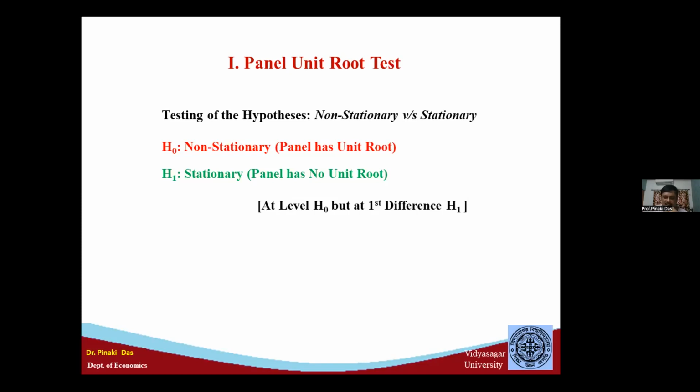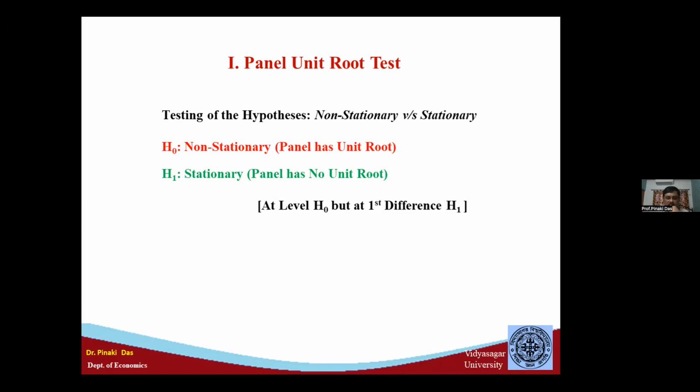What is stationary? Stationary means if we shift the time, from one time period to another, that does not change the shape of the distribution. That is called stationarity. Suppose for a particular year, 1997, you consider the shape of the distribution of the data, and the shape of the distribution for the next period.